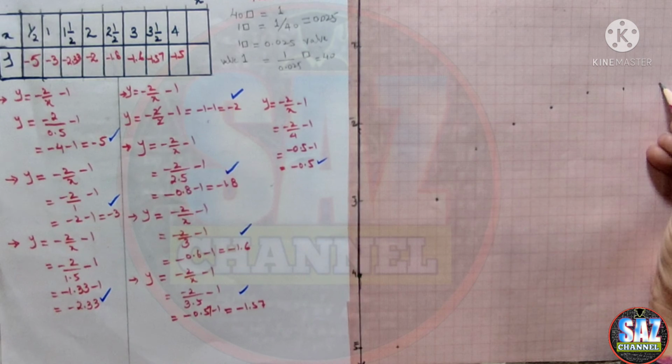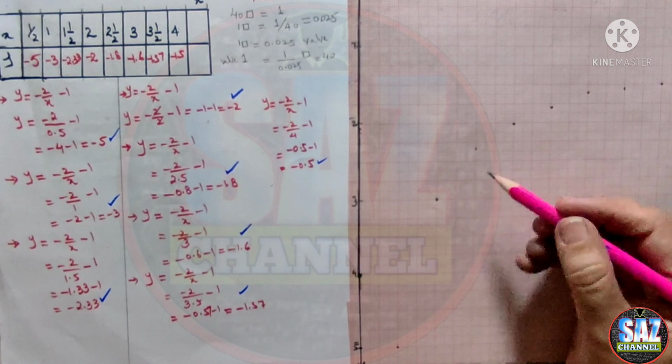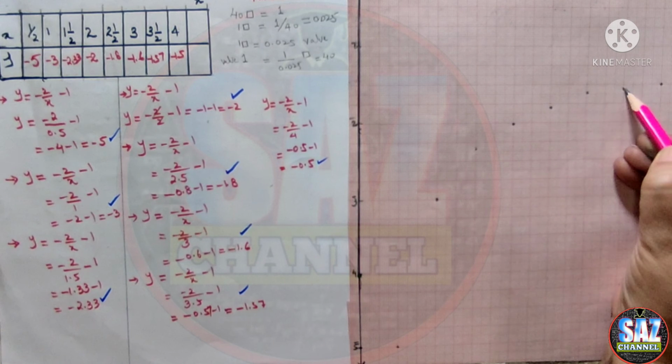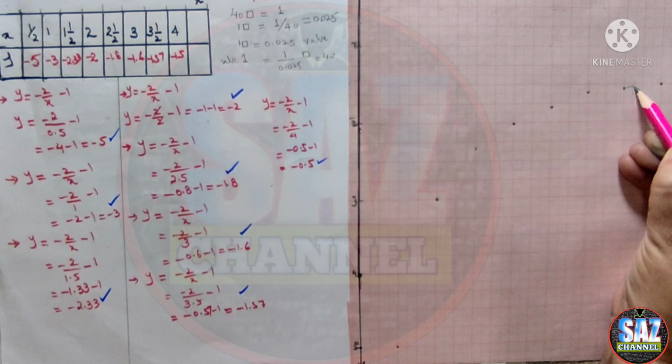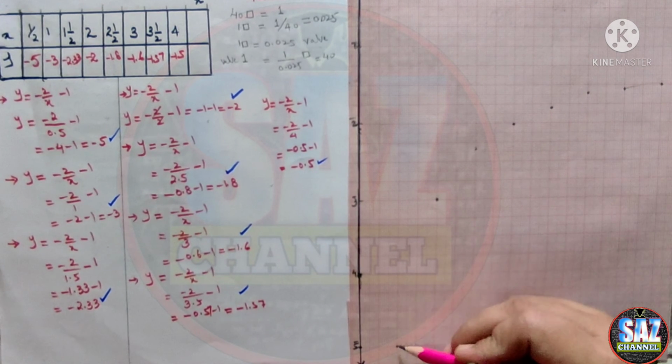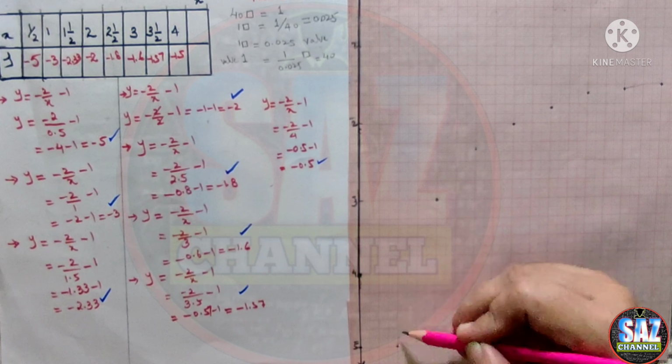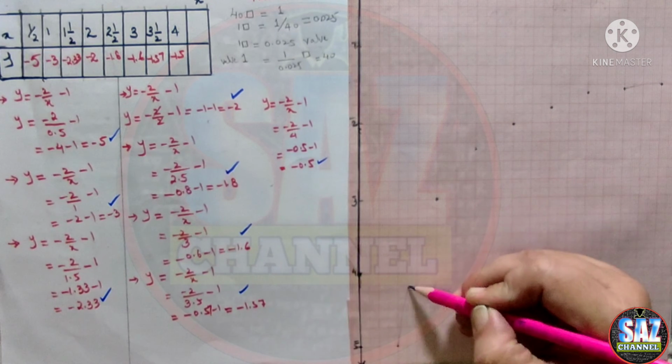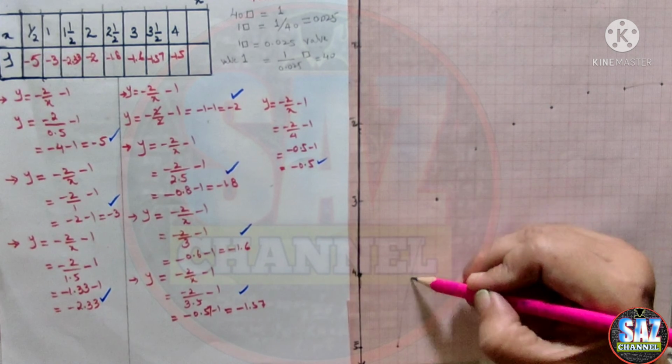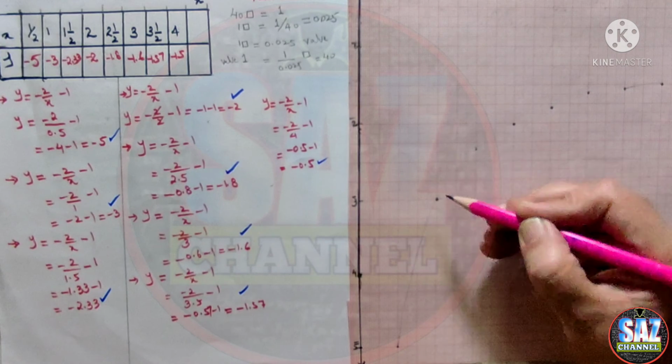Now let's join all of the points with the help of a smooth pencil. But be careful, there has to be no shaking and no fluctuations at all. It has to be a smooth curve. Join your points nicely with a smooth pencil.